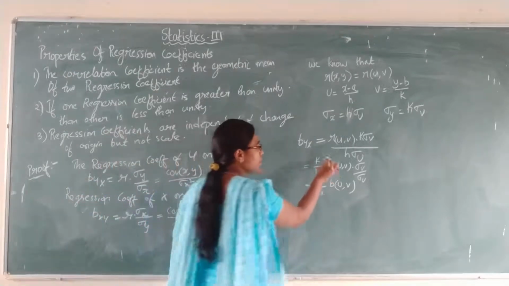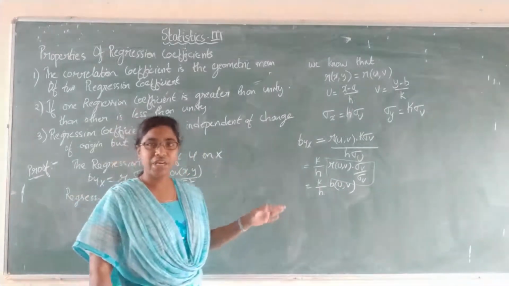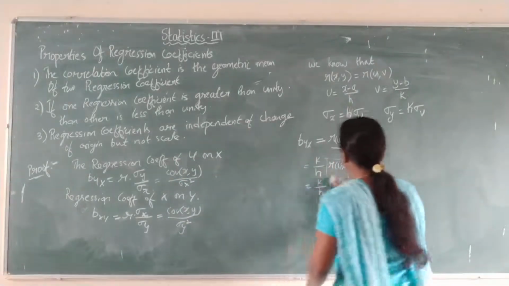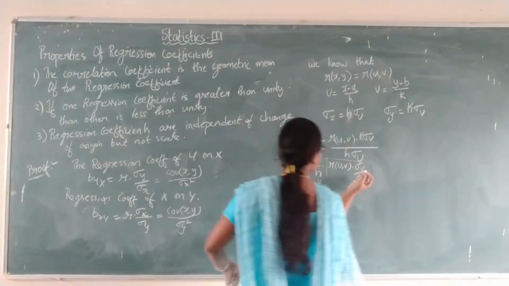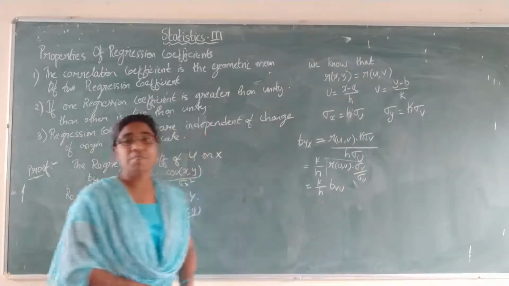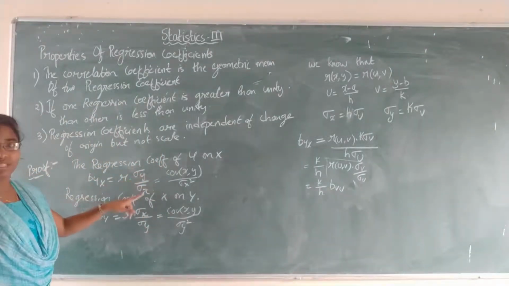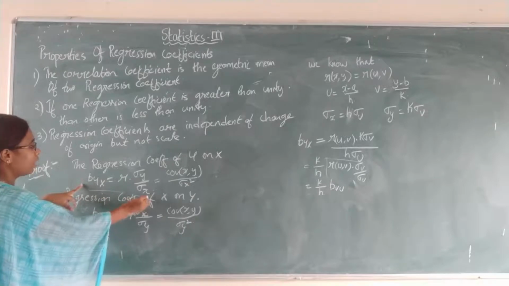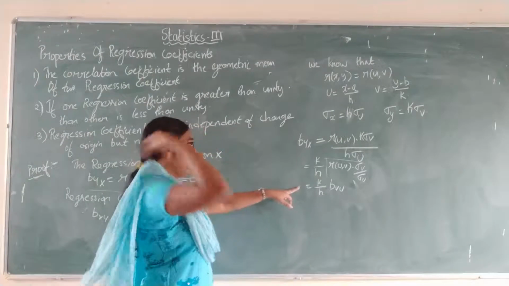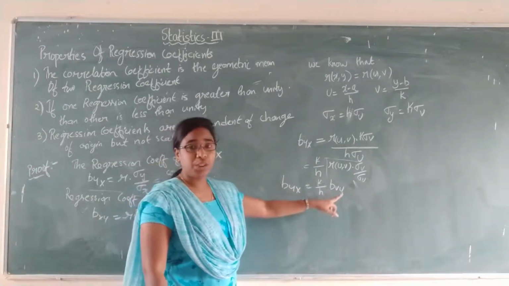If you observe this one, r into sigma y by sigma x is nothing but b_yx. Since b_yx equals r into sigma y by sigma x, compare that with this formula, you will get it as b_vu. If you observe, b_yx is equal to k by h into b_vu.